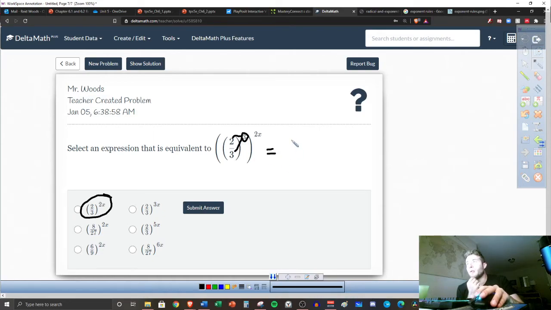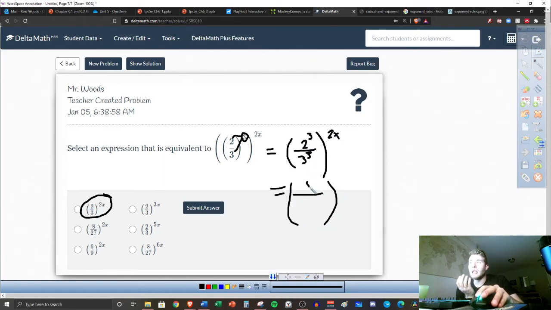So an equivalent form of this would be 2 to the third over 3 to the third, to the 2x. This would be an equivalent form, which we can easily change to its actual number value, which is 8 over 27 to the 2x. All right, so we can make all of these equivalent forms.